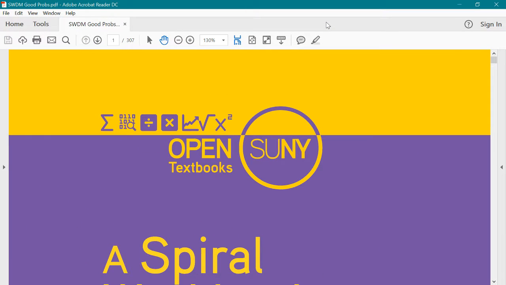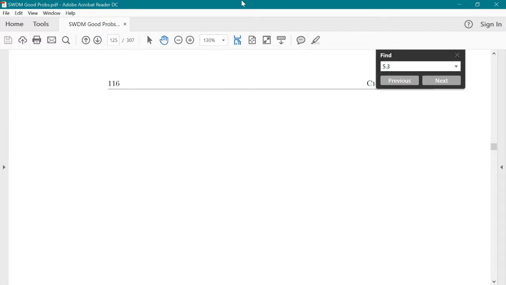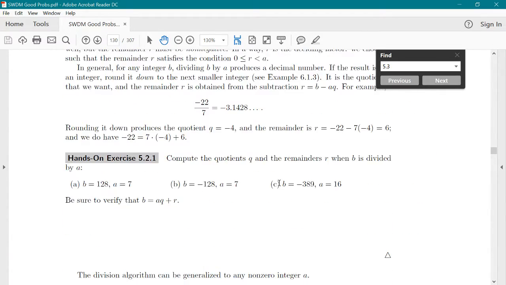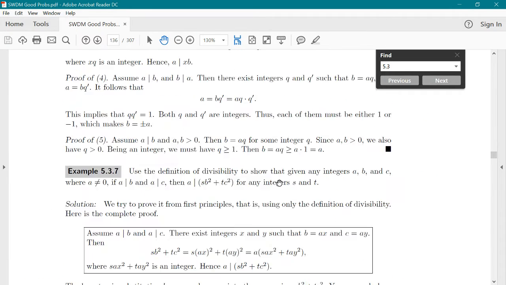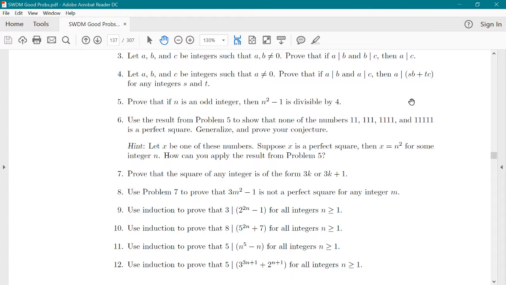Chapter 5, number 7 is prove that the square of any integer is of the form 3k or 3k plus 1. All right, so prove that the square of any integer is of the form 3k or 3k plus 1.